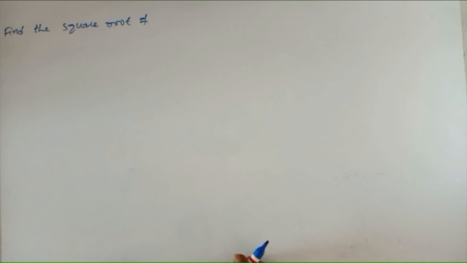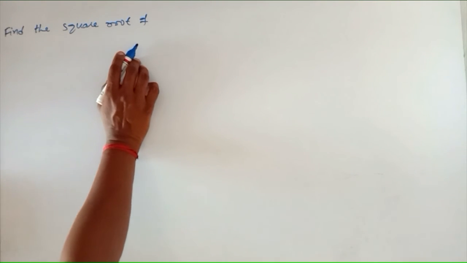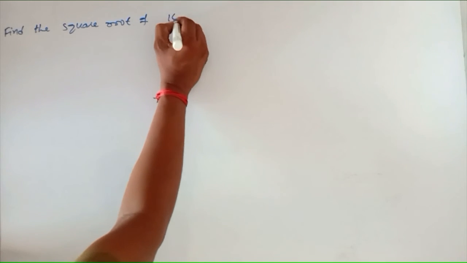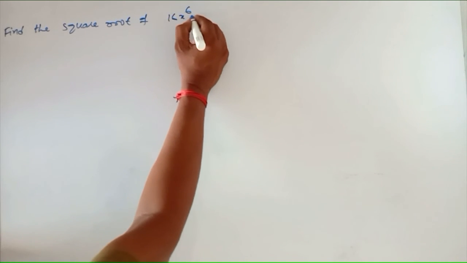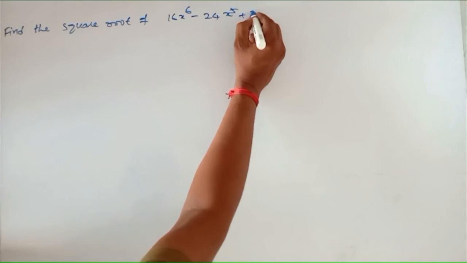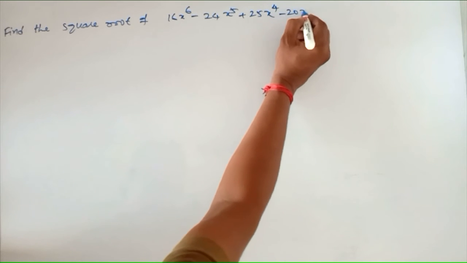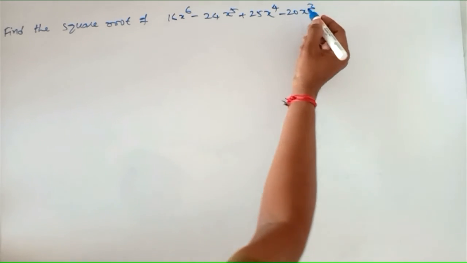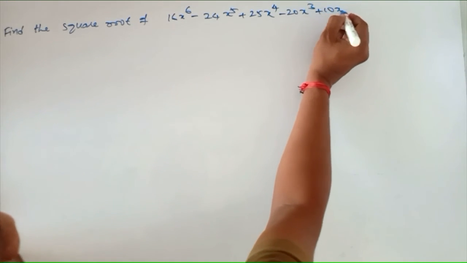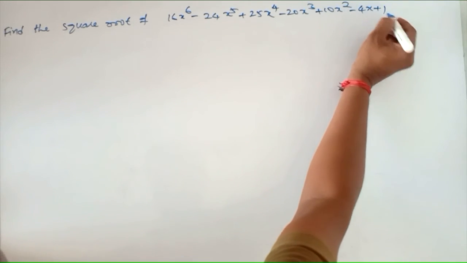Children, I am going to take one more example, that is find the square root of 16 x to the power of 6 minus 24 x to the power of 5 plus 25 x to the power of 4 minus 20 x cube plus 10x square minus 4x plus 1.